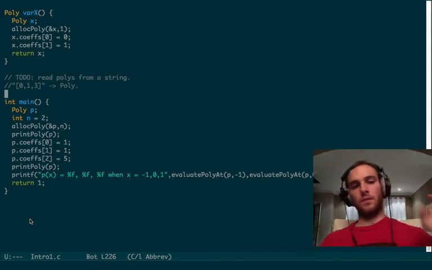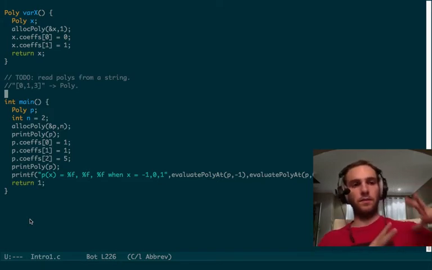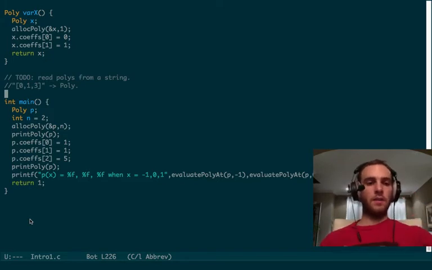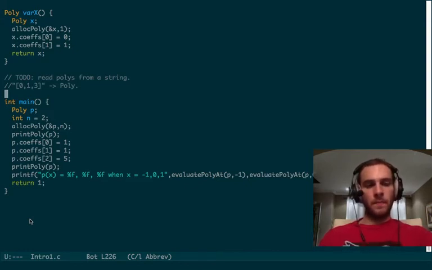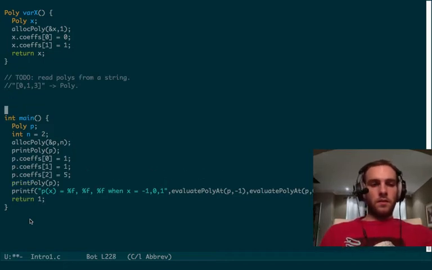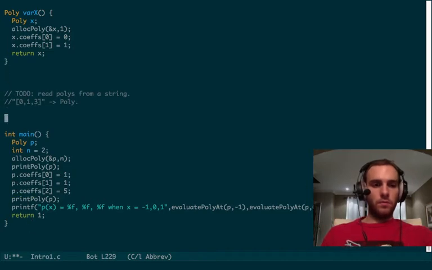So you have this easy representation which gets converted automatically to the fast representation, and then you do the computation with the fast representation, and you present the result in the easy to understand representation. So that's one thing that can be done, and maybe we'll do it, or we'll do something else, who knows.